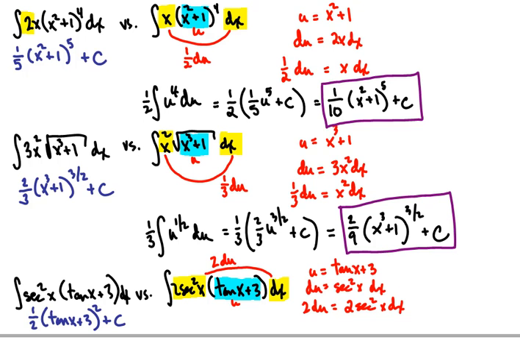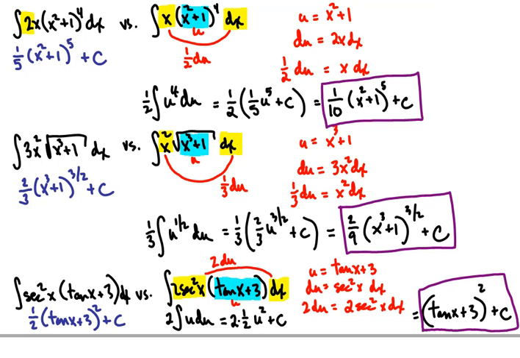And tan x plus 3 is still equal to u. And so now we have 2 times the integral of u du, which is 2 times 1/2 u to the second plus c. And the 2 and the 1/2 will cancel, and we'll end up with just u squared plus c, which is (tan x plus 3) quantity squared plus c.